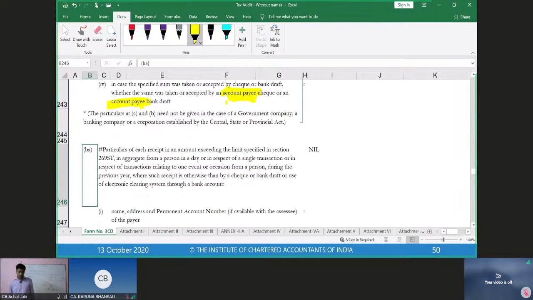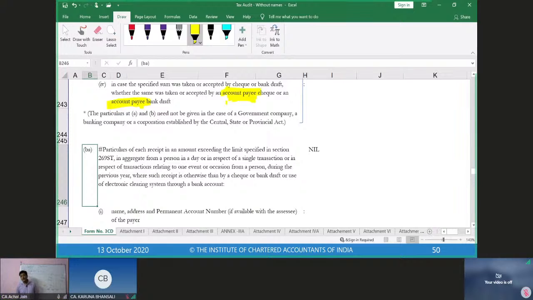Again, it's a receipt, means the amount taken, in an amount exceeding the limit specified in 269ST in aggregate from a person in a day, or in respect of a single transaction, or in respect of transactions relating to one event or occasion from a person during the previous year, where such receipt is otherwise than by a check or bank draft or use of electronic clearing system through a bank account.